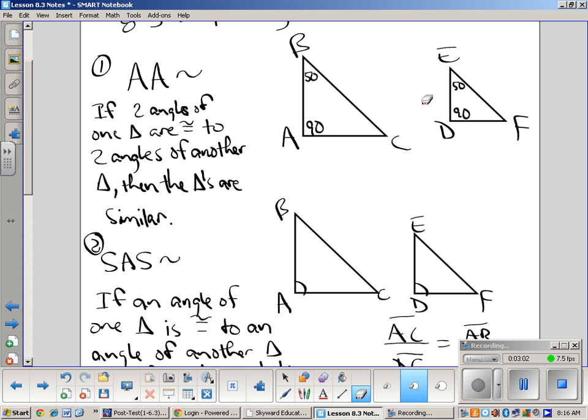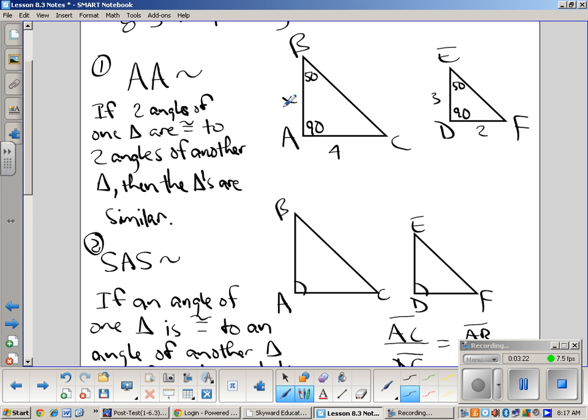Let me put that the way I meant to write it. If I know this is 2 and 3 and this is 4, then I can find that side. Because the two angles being congruent is enough to say the triangles have to be similar. And then because they're similar, then their sides must be proportional.